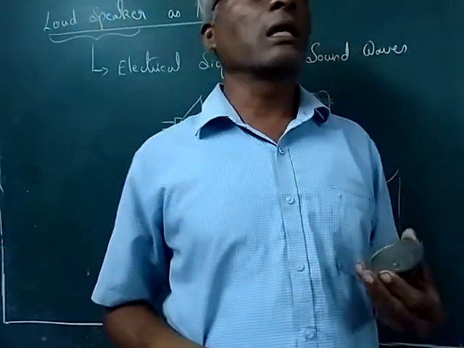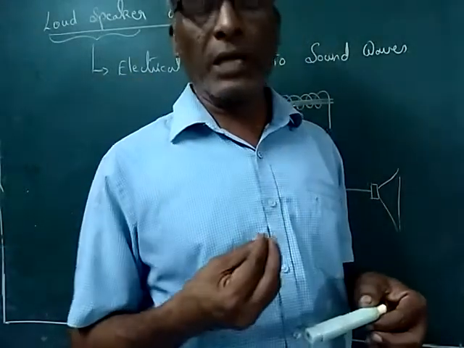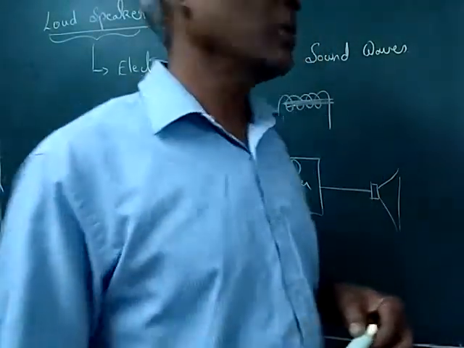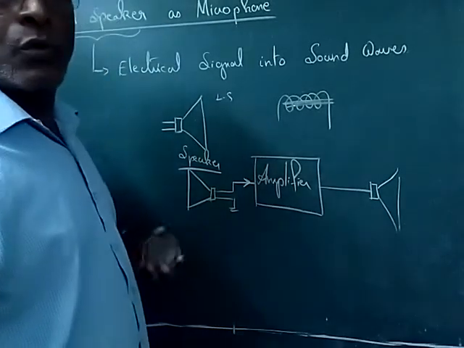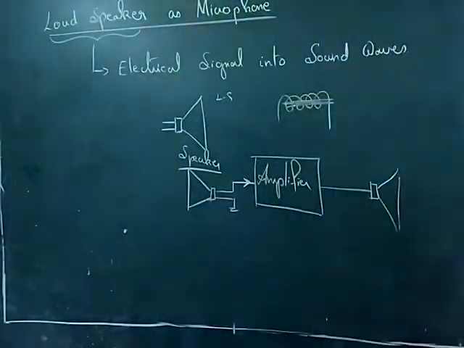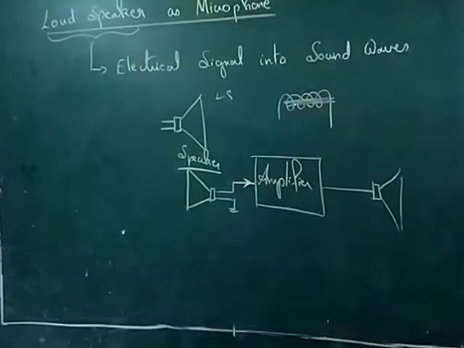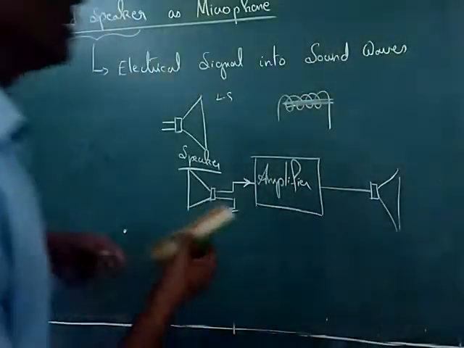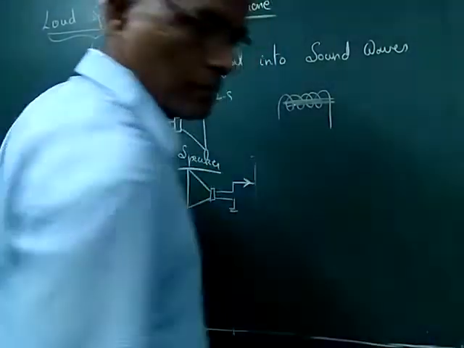If you are not still convinced with the results, or if the amplitude is going to be very very weak, you can try this out with an oscilloscope. Same thing, instead of an amplifier, you can connect an oscilloscope, CRO. So in this position you can connect a CRO, cathode ray oscilloscope, in the lab.